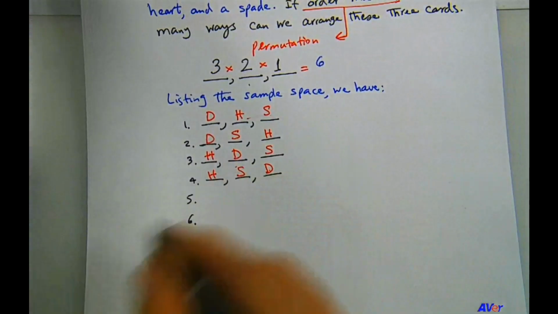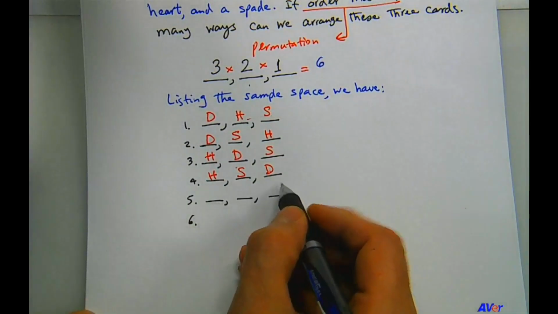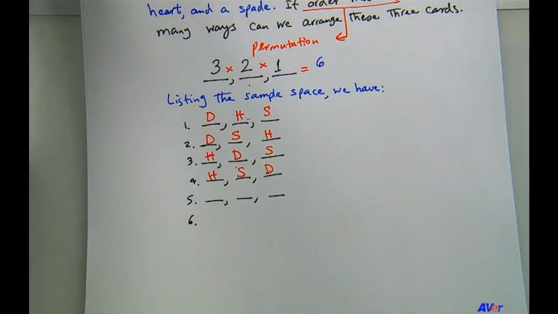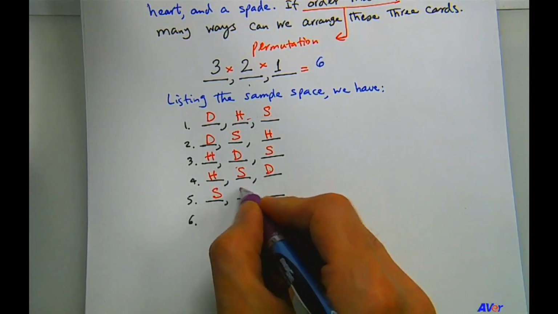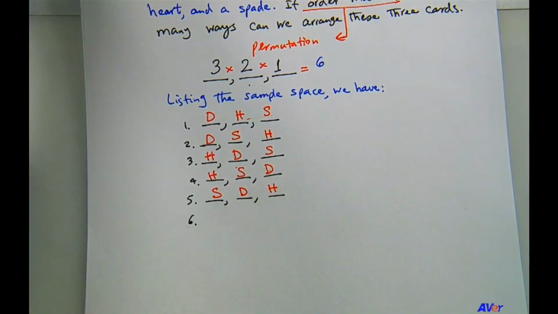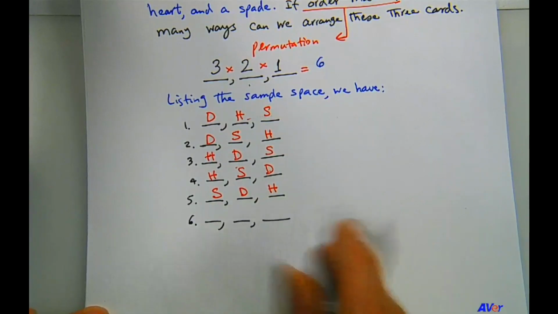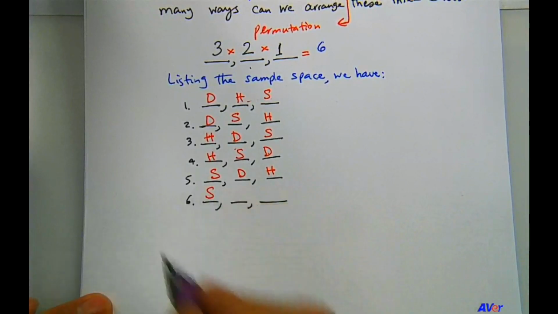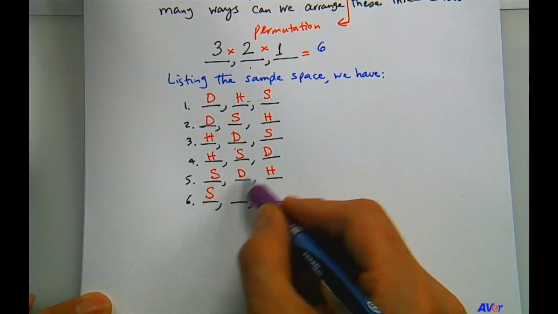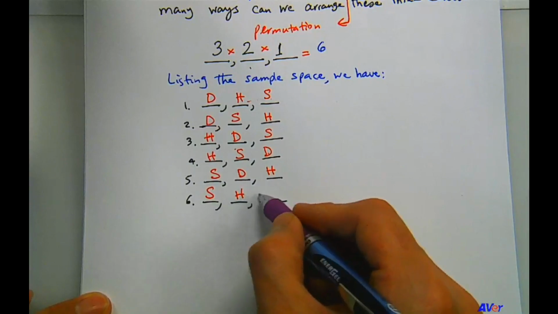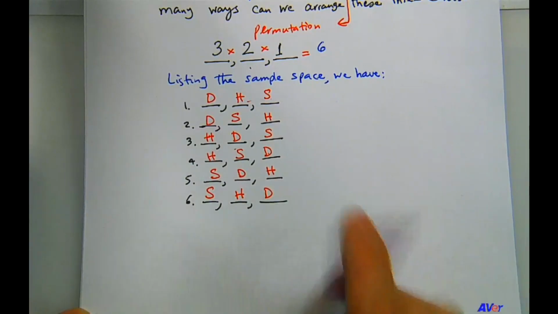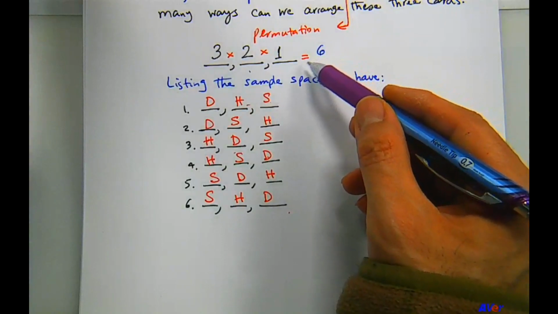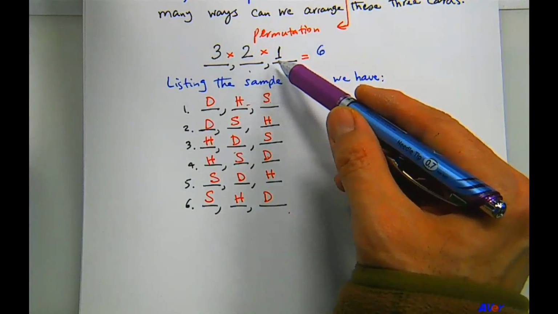And the fifth permutation would be if we took the spade card and placed it here. So spade, diamond, heart, and finally the last permutation would be, I'm sure you can see it, a spade, and then swap the spot between these two cards, heart and diamond. So these are all the 6 possibilities for permutations of 3 cards.